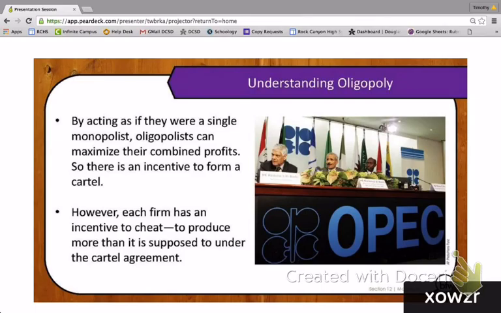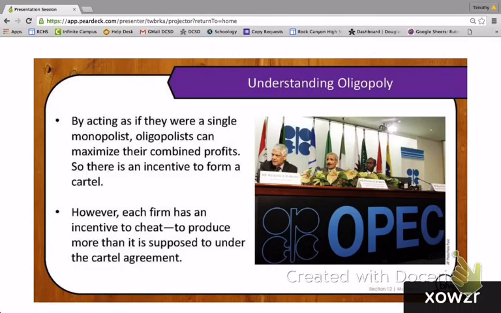But even when they do that, there is always the incentive for one firm to cheat and to produce more than they agreed to under the collusive or cartel agreement to increase that firm's profits. And when that happens, that firm gets more profit, but the others get less. And then they're tempted to cheat.